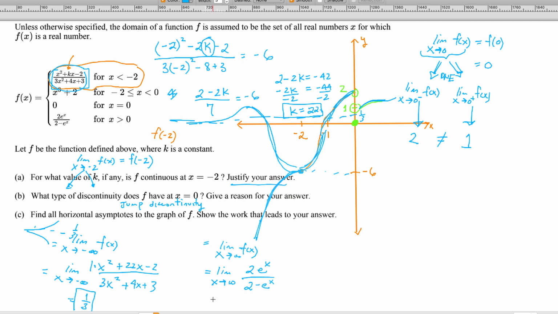And what I can do then is L'Hopital's rule. So I take the derivative of the top, which is just 2 e to the x, and then the derivative of the bottom, which is negative e to the x.